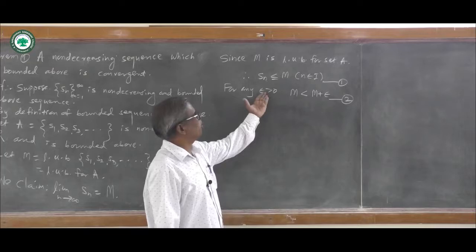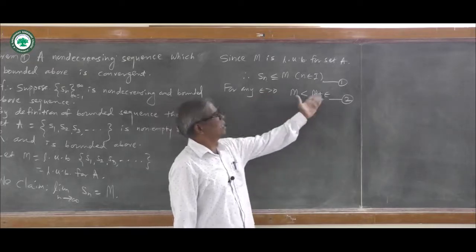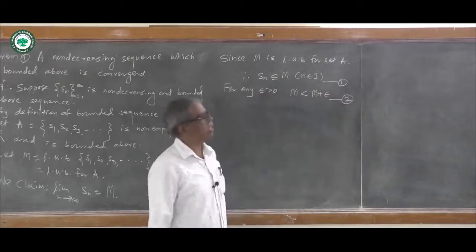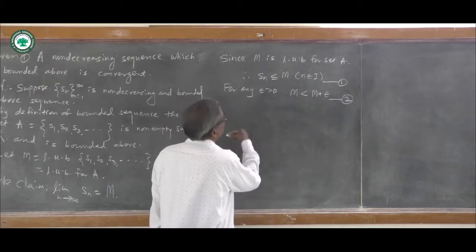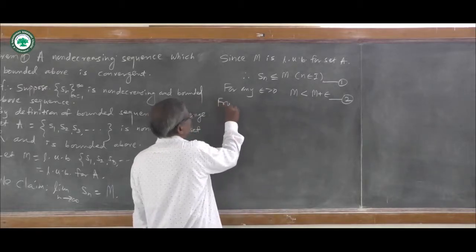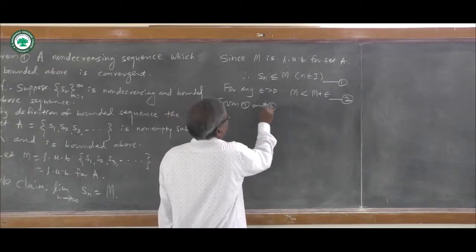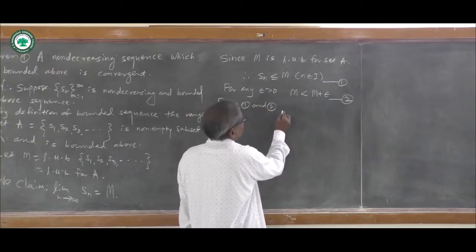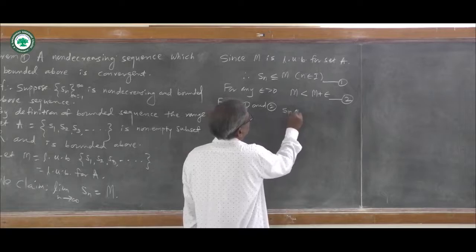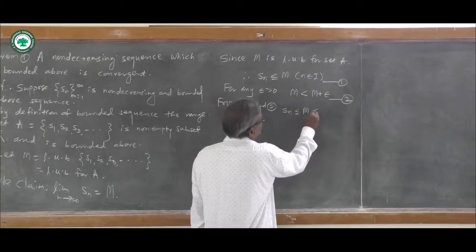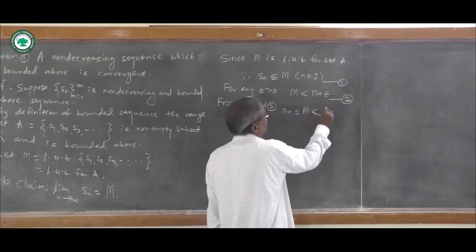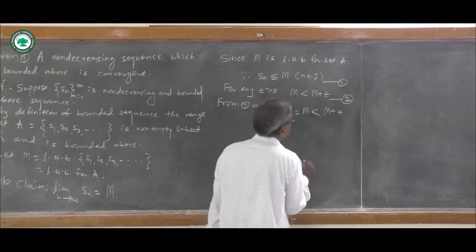Since epsilon is positive, M plus epsilon is greater than capital M. Therefore, from 1 and 2, we write Sn less than or equal to capital M, and capital M is less than capital M plus epsilon.